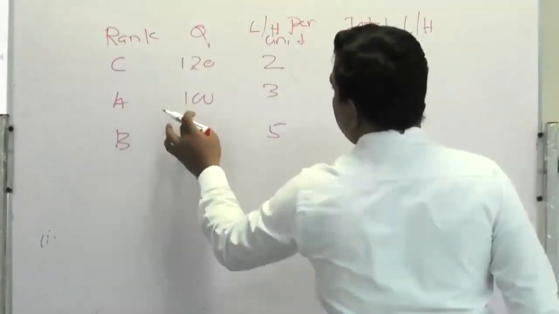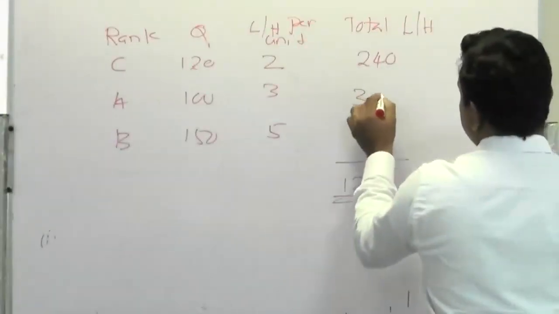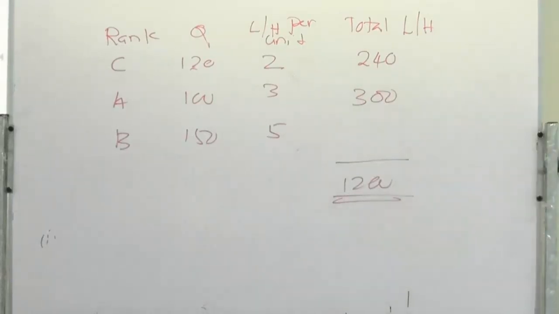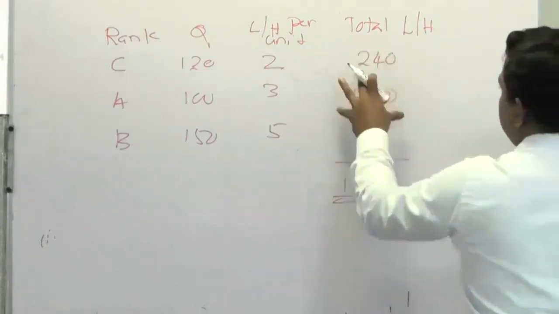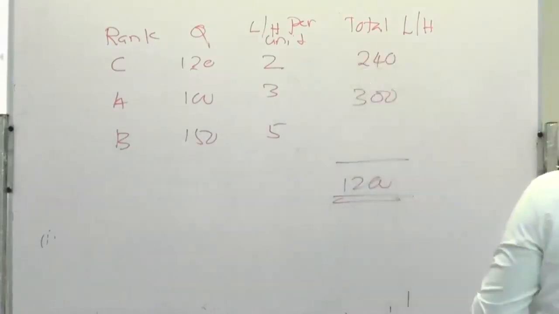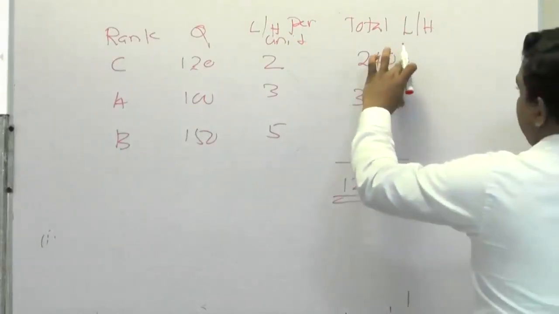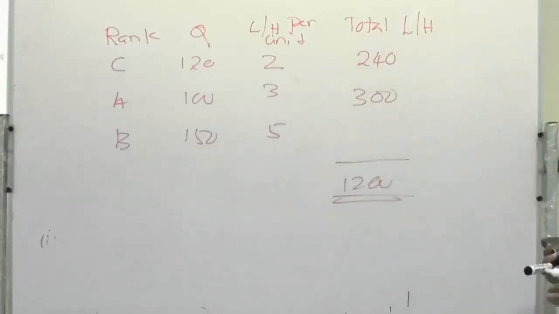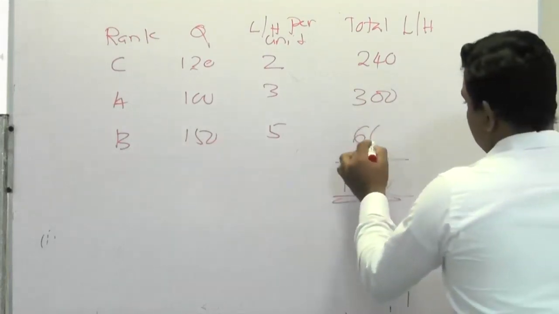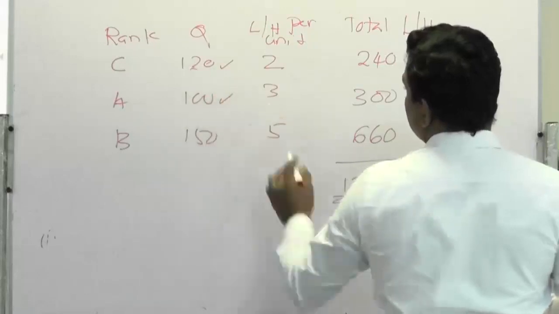Therefore you can produce all of A: 100 units will take 3 per unit, so it takes 300 labor hours to produce A. You already consumed 540 labor hours out of 1200. What is the balance? Your balance labor hours will be 660.